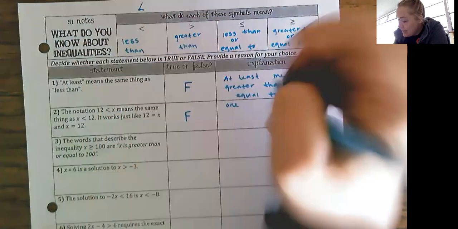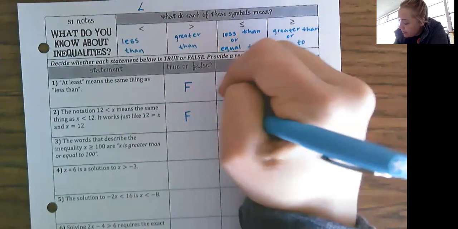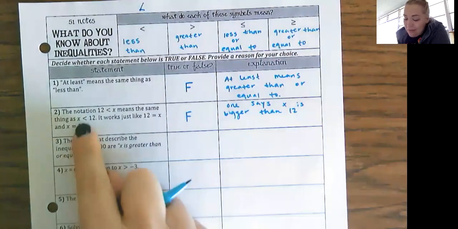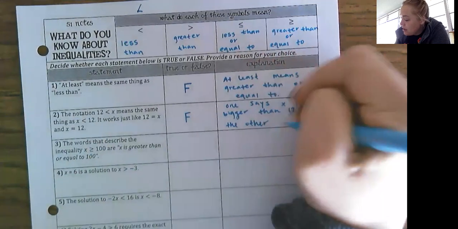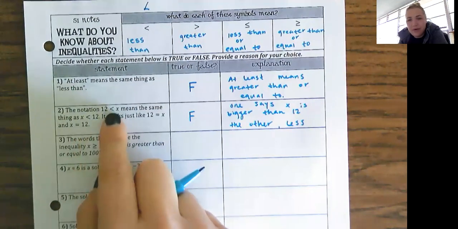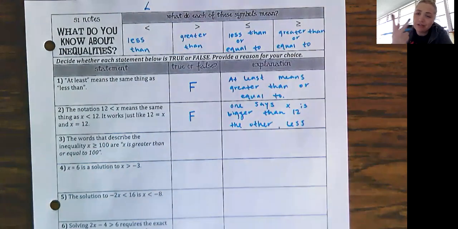So one says x is bigger than 12. And the other one says it's less than 12. So when it says x is less than 12 here, this top one is not the same thing. You can't just change the numbers around. If you change the numbers around, you also have to reverse that symbol in the middle. And that's a mistake that a lot of people make in 9th and 8th grade math.